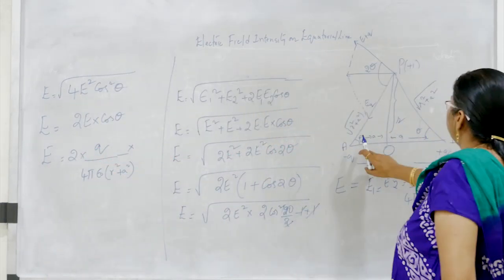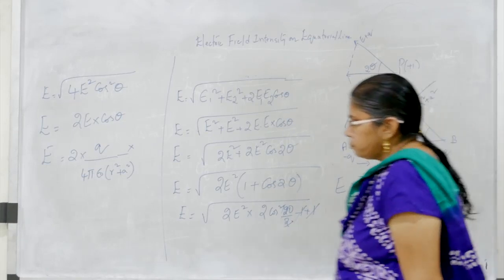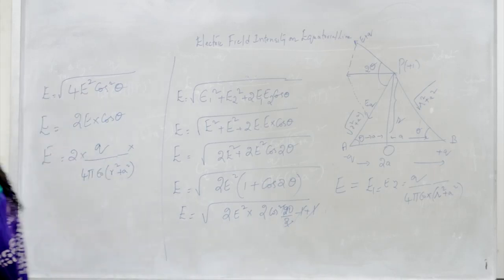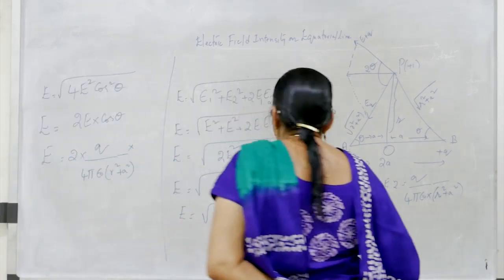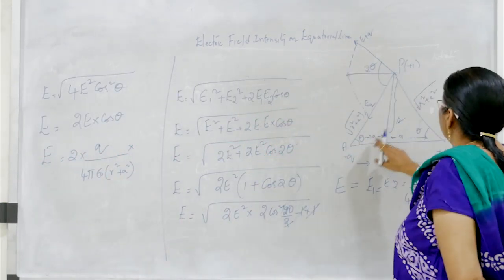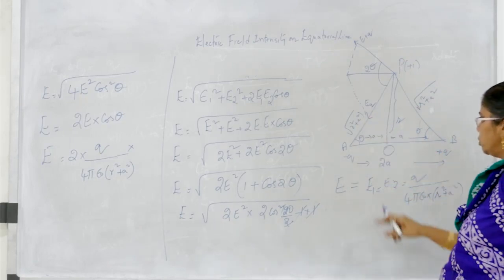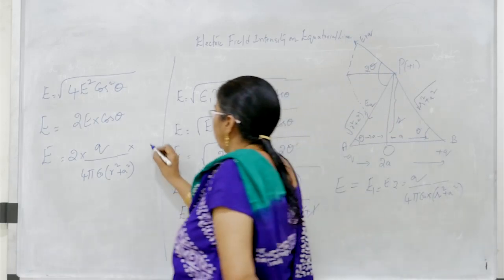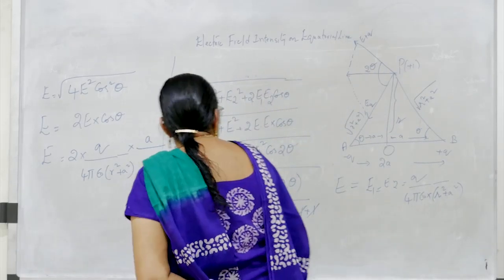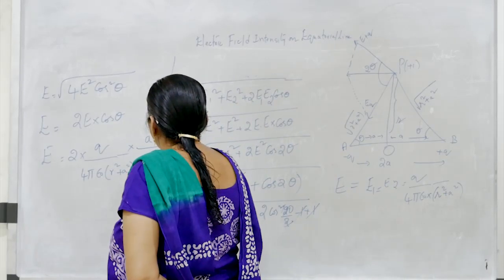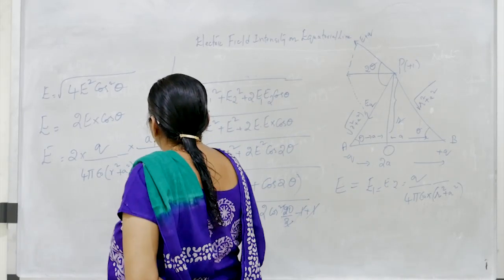So this is theta. So in place of theta I write it as, this becomes the opposite side, this becomes the adjacent side, this becomes the hypotenuse. So cos theta is equal to the adjacent side, A, by R square plus A square whole upon 1 by 2.